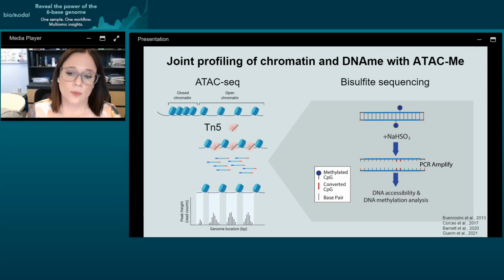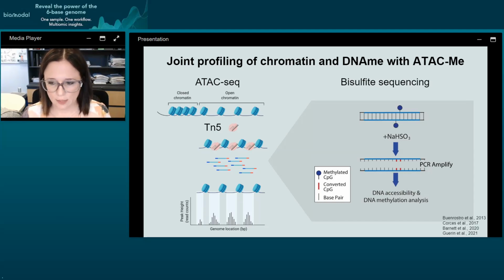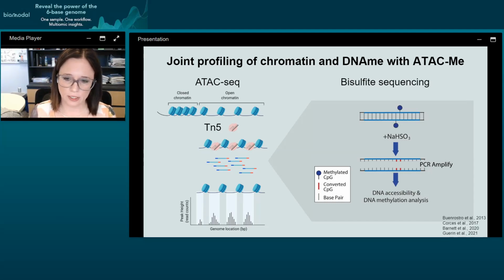But the only way we would be able to do this is to observe both changes in chromatin and changes in DNA methylation at the same time in the same DNA fragment population in cells that are undergoing dynamic gene regulation.